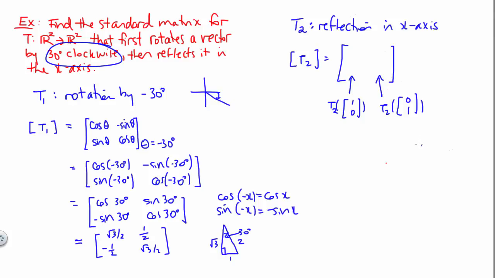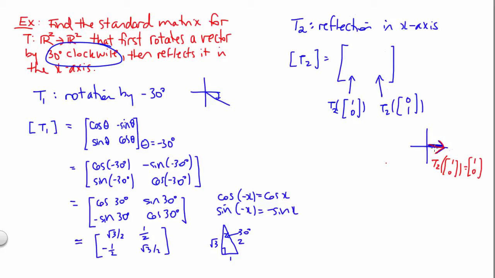All right, so we could draw a little sketch over on the side here and see what these images look like. If we start with our first standard basis vector, 1, 0, and we apply this transformation of reflecting it in the x-axis, what we're going to get is the original vector. So I could write T2 of 1, 0 is 1, 0.